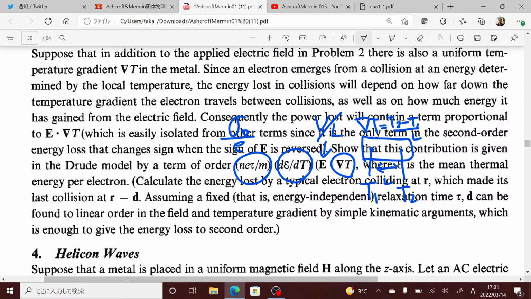What do you mean by second order energy loss? That changes sign when the sign of E is reversed.